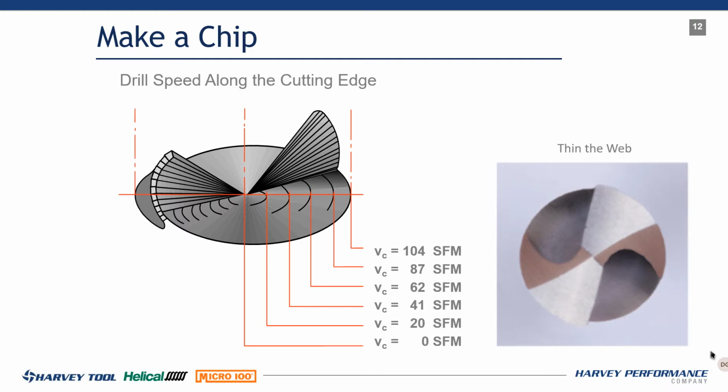So what we're creating on the center of the drill is a lot of thrust force, right? We're pushing, we're plowing. So what we need to do is get a point geometry that's thinned well enough, that takes the force off the chip, that breaks the chip up, manages the chip, so we can reduce all that force on the end of the drill, because what we don't want is all that walking.